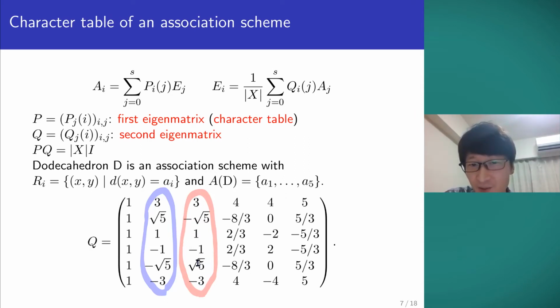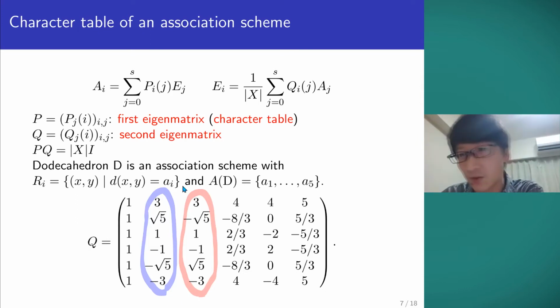Actually, this is also the dodecahedron. And now the differences of the inner products are this part. This means that the graph A_1 is isomorphic to the graph A_4.